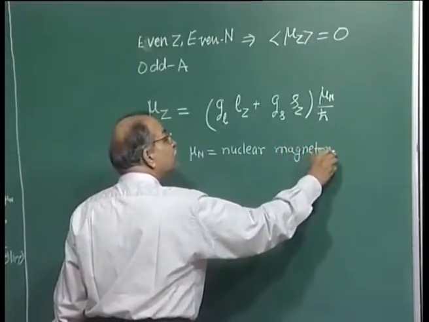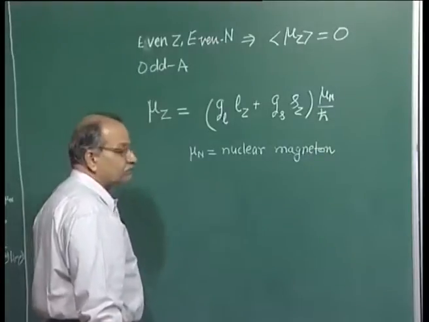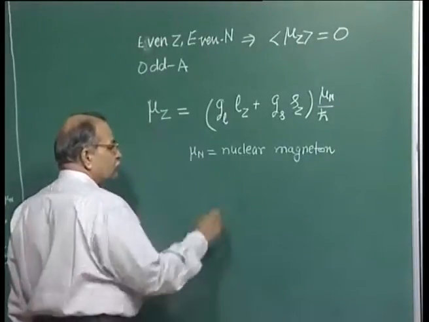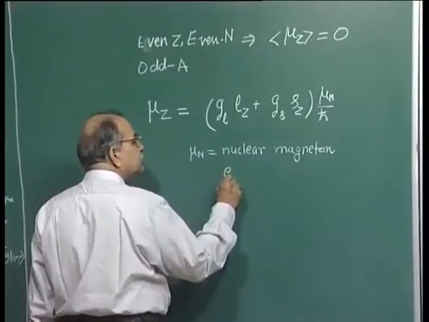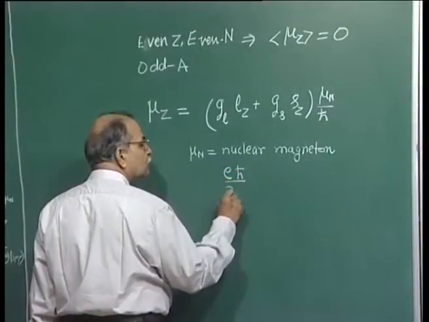It is the unit for magnetic moment, and this is e h-bar over 2 mass of proton.